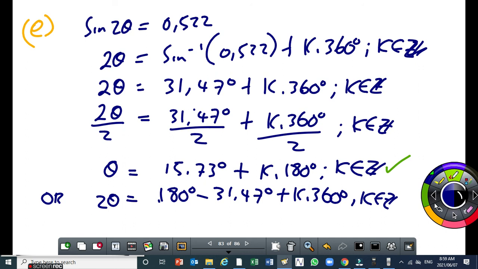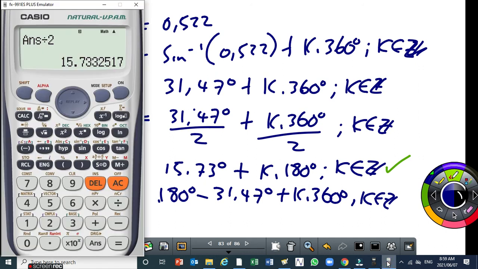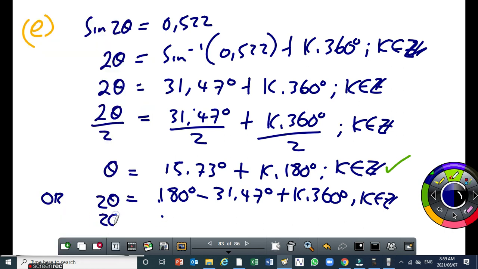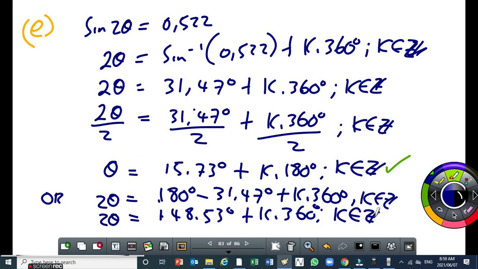Then if I simplify this, 180 minus 31.47 will give me 148.53. So I'll get 2 theta equal to 148.53 degrees plus k times 360, where k is an integer.